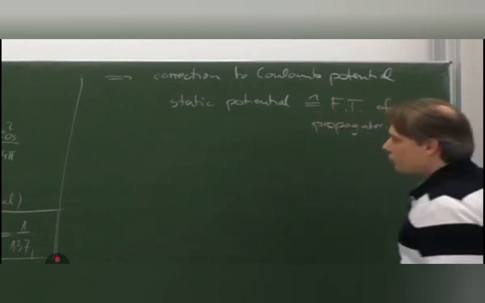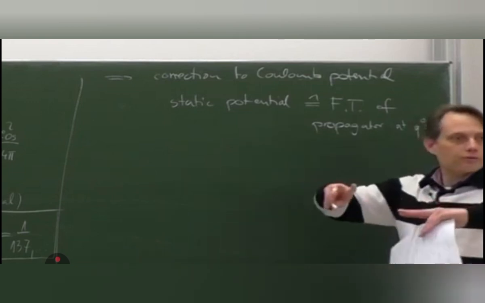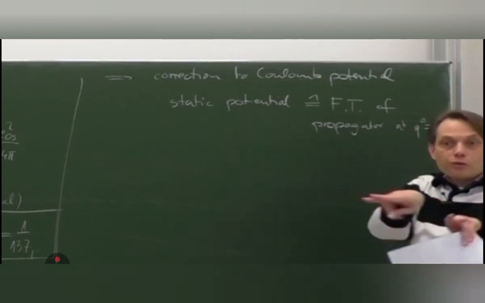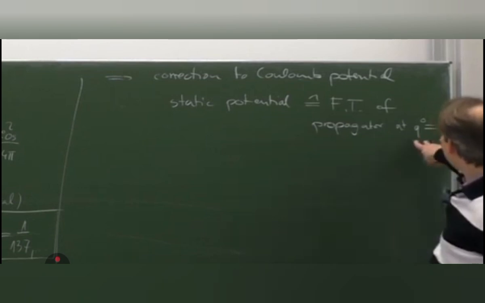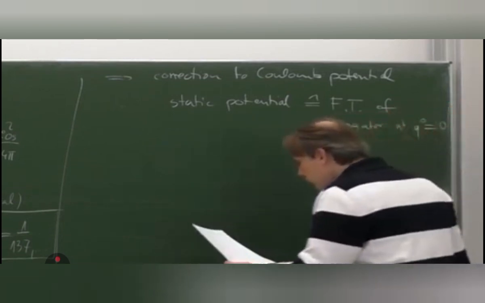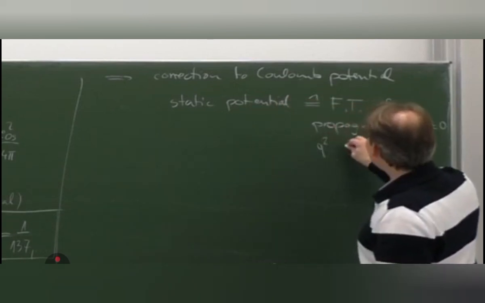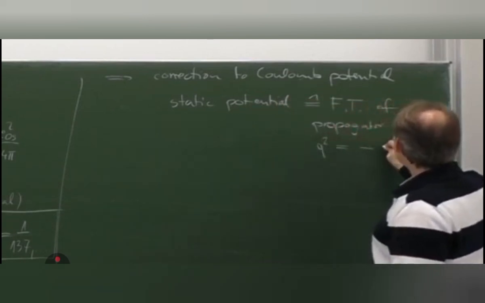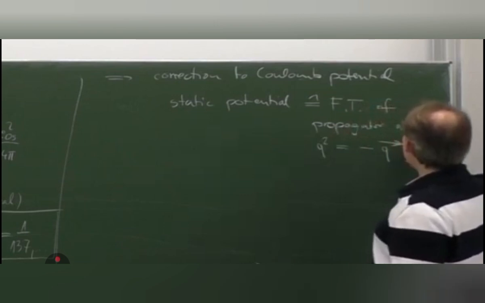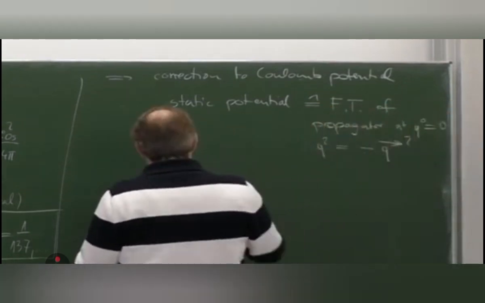So in the limit of low energies, where you really have charges, the energies of the charges do not really change, only the momentum changes, and therefore the photon doesn't carry away energy, but it only carries away momentum. So let's use the approximation Q0 is 0, and then the 4-momentum square becomes equal to minus the 3-momentum Q vector square. And this is the quantity which appears in quantum mechanics.